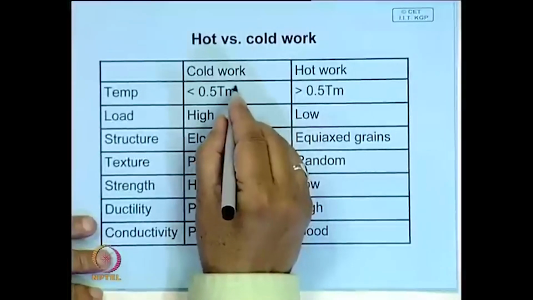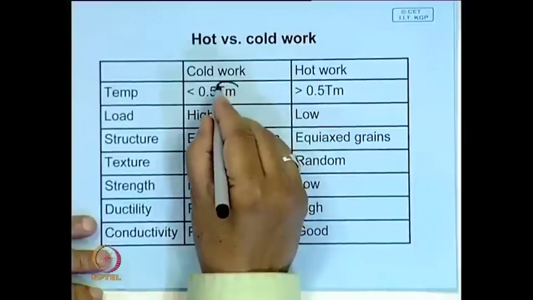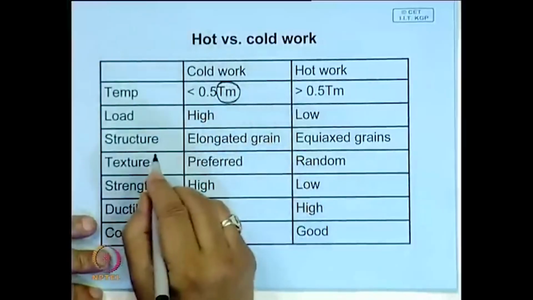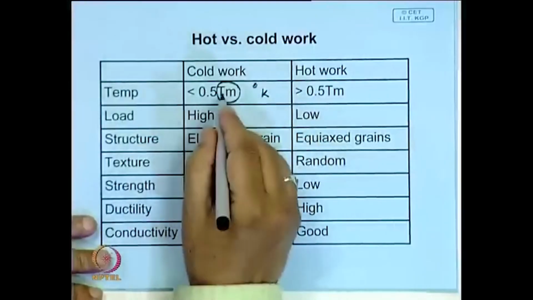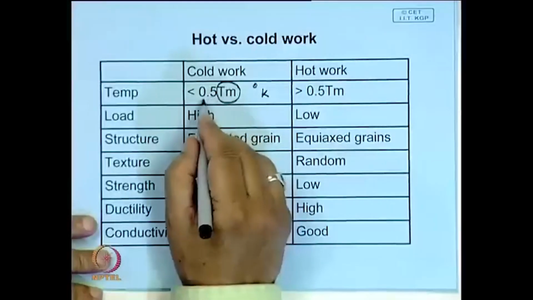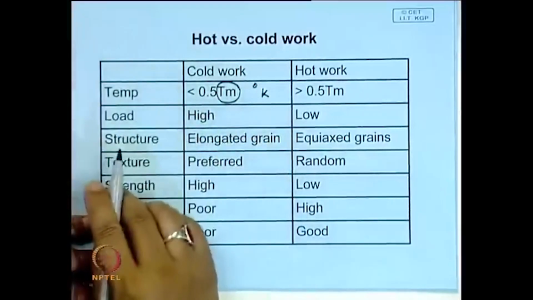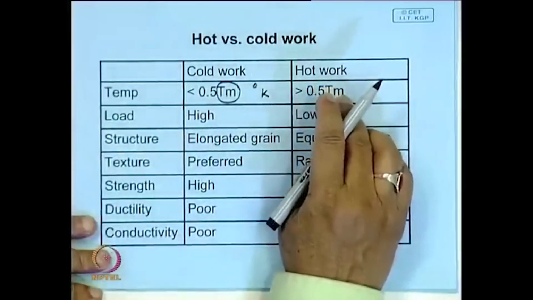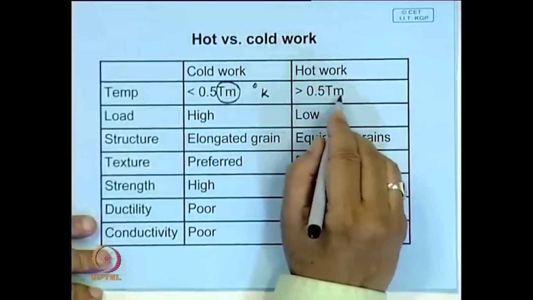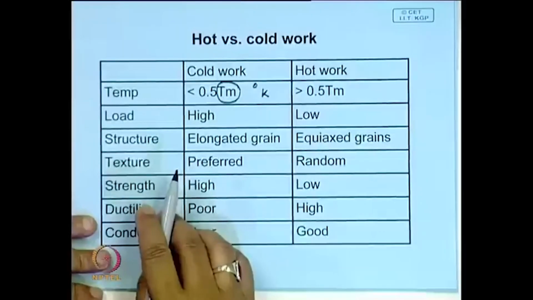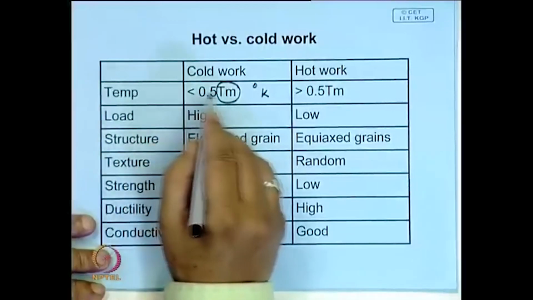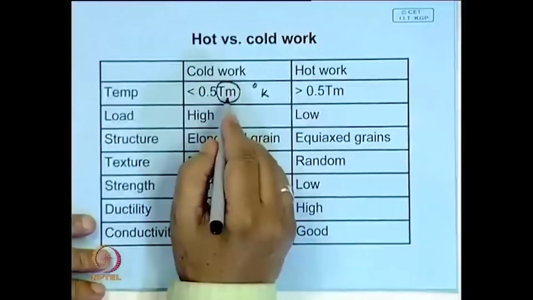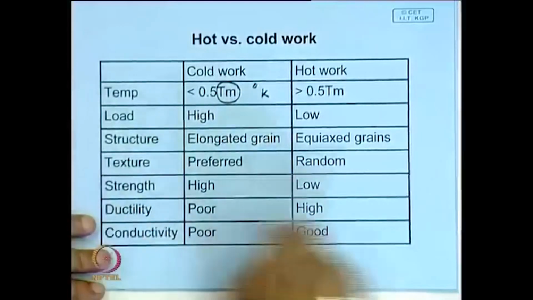It scales with the melting point, T m, in degree Kelvin, degree absolute. If it is done below half its melting point, then it is cold work. If the working is done above 0.5 T m, then it is hot work. Therefore, for lead, forming at room temperature is hot working, but for steel, rolling at room temperature is cold working.